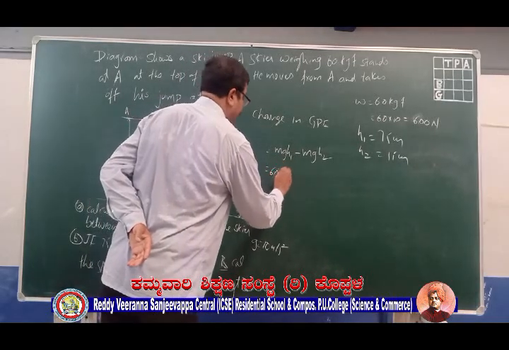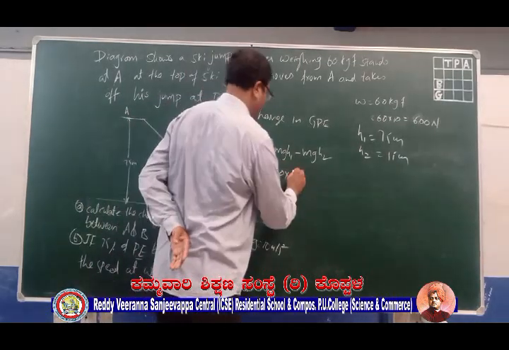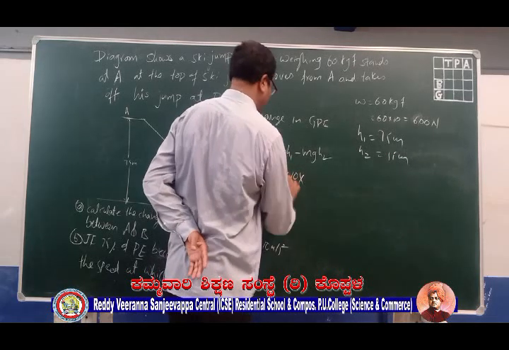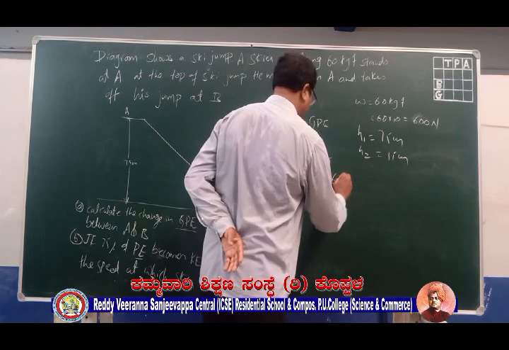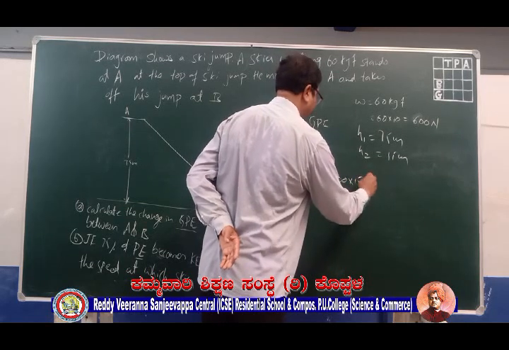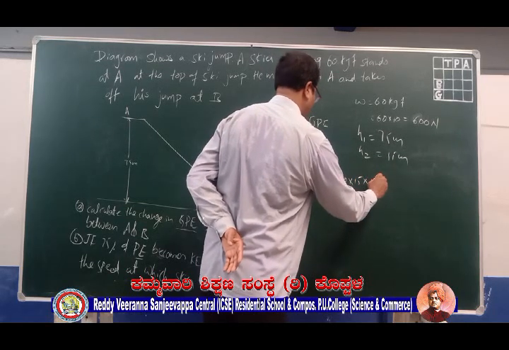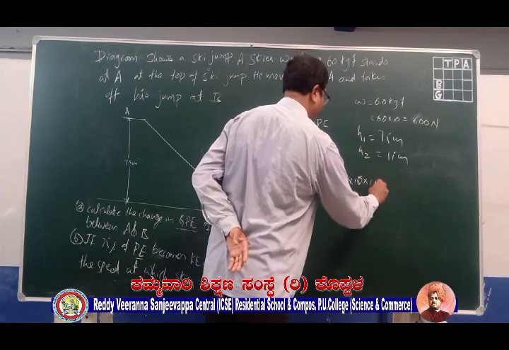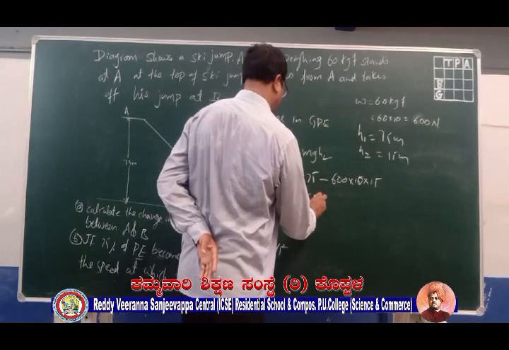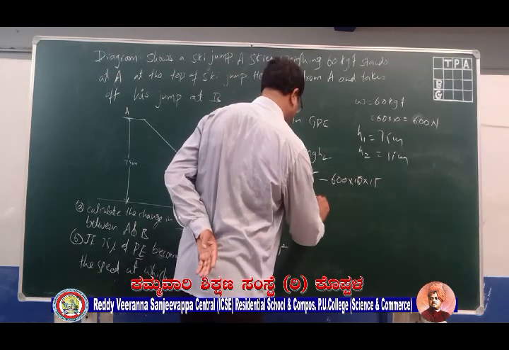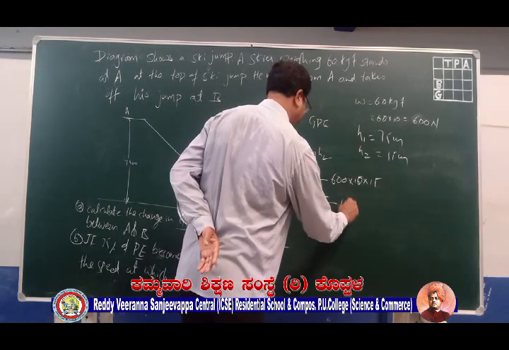That is 600 into g, g is 10, into 75, minus 600 into 10 into 15. So I take 600 common outside here. So I will be left with 75 minus 50.